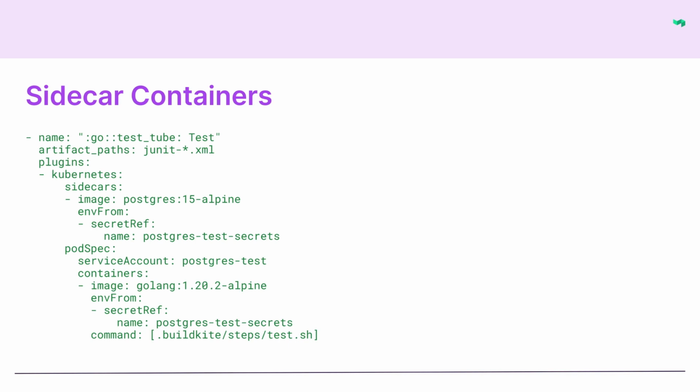So you can see that there's a slight variation to the syntax for this. We just put containers under this sidecar key in your kubernetes plugin, and they'll be able to communicate just like any other containers in a pod, so through localhost.